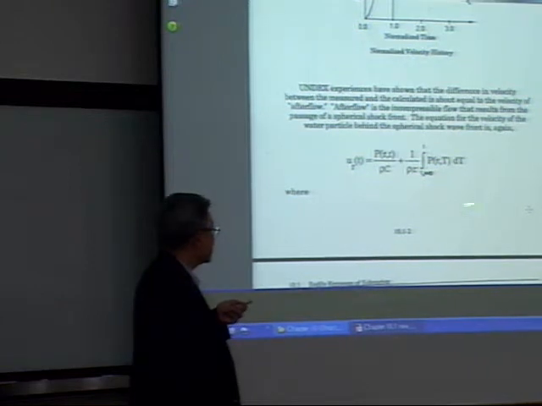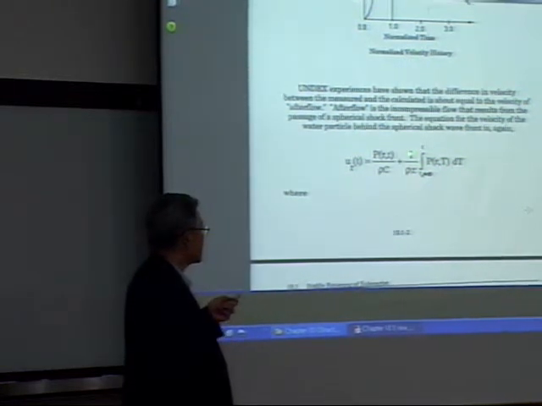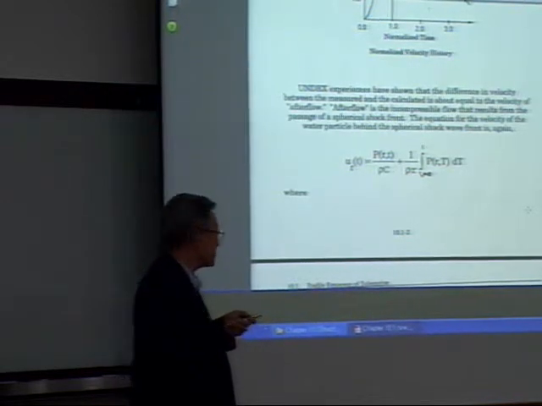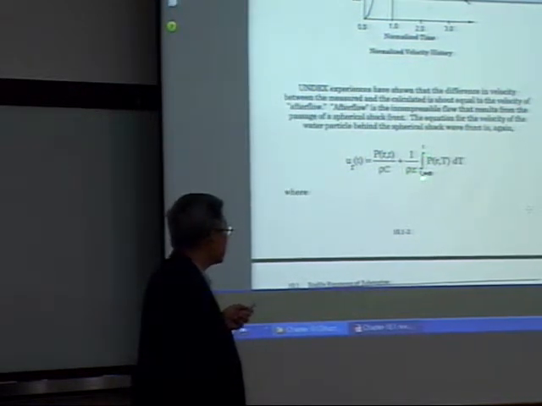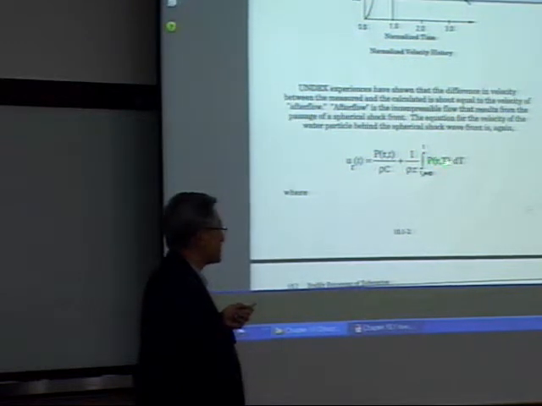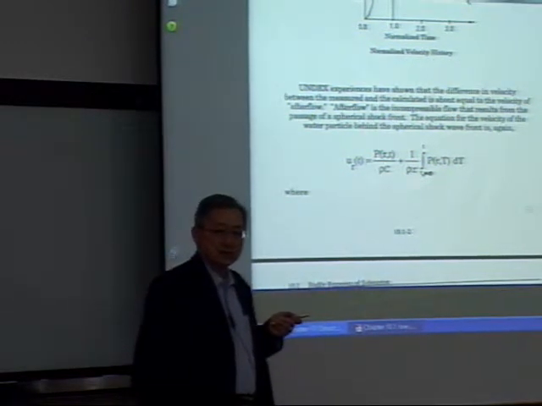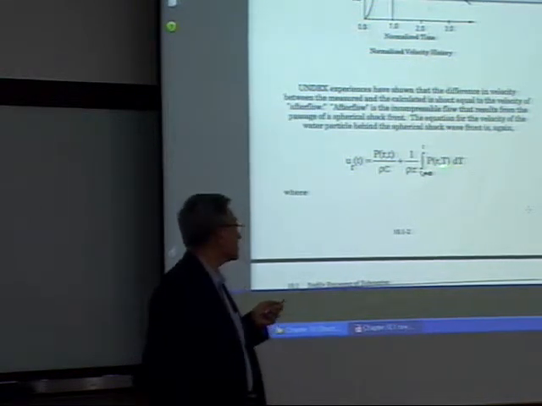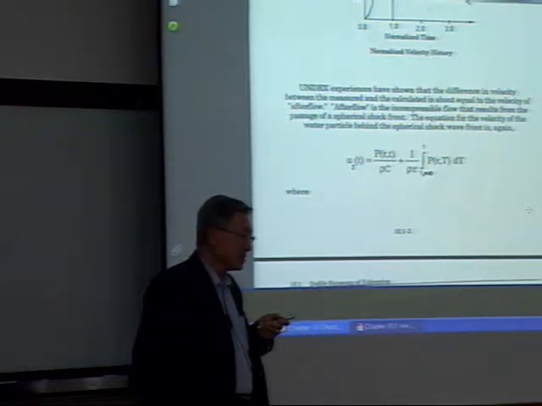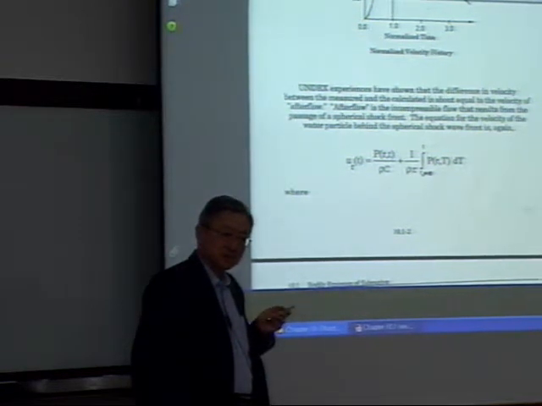Sometimes this is called the surge term, S-U-R-G, and the integration is from the starting time to the current time, for it depends on the history of the shock wave. P is equal to P max times e to the minus t over theta. Got it? It's a function of t.